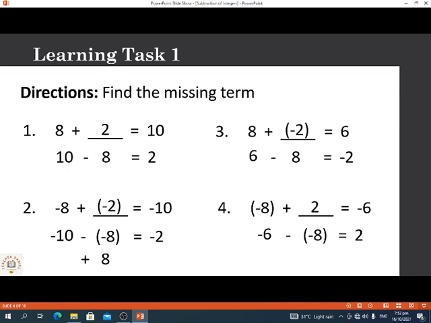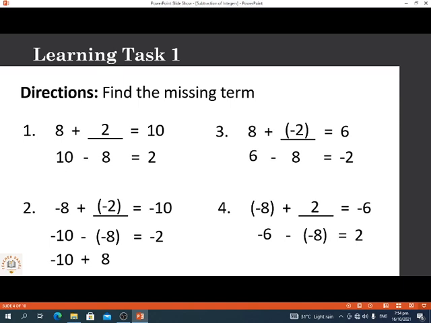Then let's bring down negative 10. So as you can see, what happened to our minuend? We just bring down the minuend. How about the subtrahend? As you can see, we changed the sign of the subtrahend. Negative 8 became positive 8.